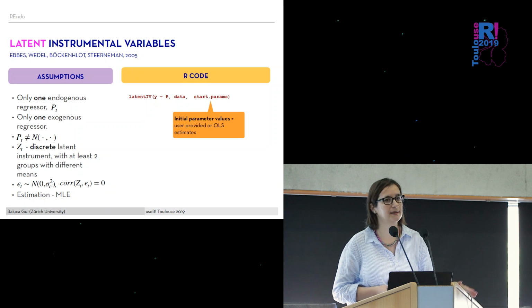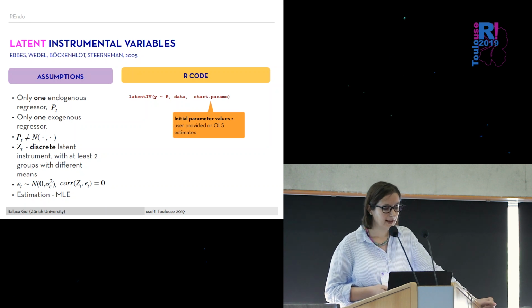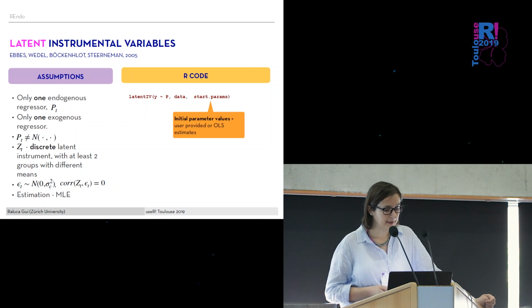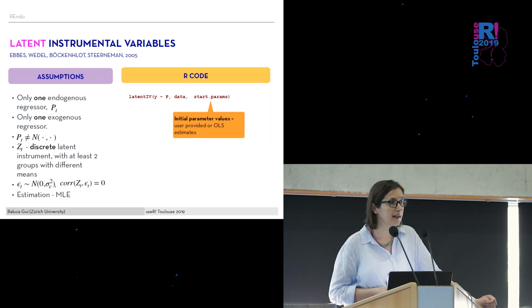So it doesn't address the problem when the dependent variable y is 0 or 1, right? Another assumption of the latent instrumental variable is that the endogenous variable shouldn't be normally distributed. Moreover, Z is a discrete latent instrument with at least 2 groups with different means. And the estimation is done by maximum likelihood.